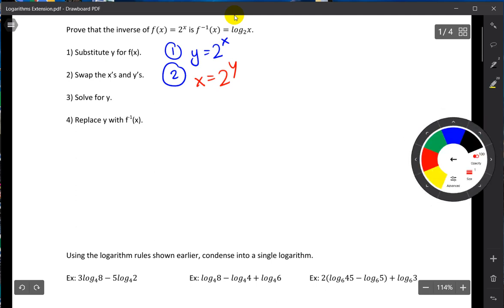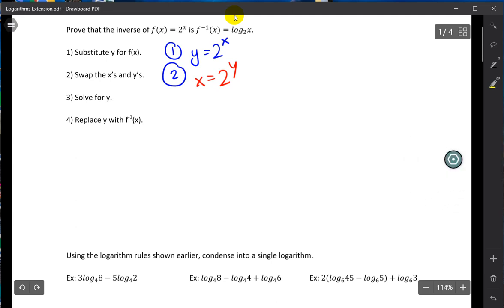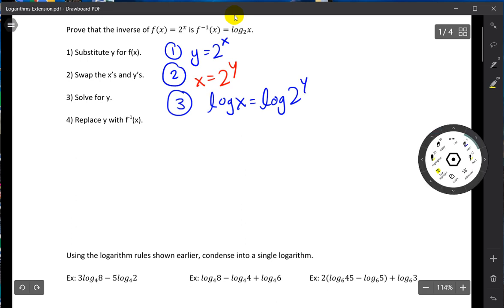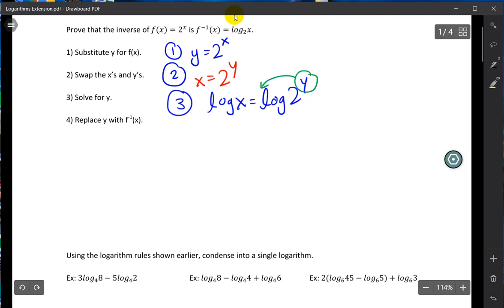Okay. Third step, we want to solve for y. If we were to solve for y here, we can take the common logarithm of both sides. So log of x equals log 2 raised to the y. And then, you see this exponent here, anytime we have an exponent in a logarithm, we can drop it in the front.